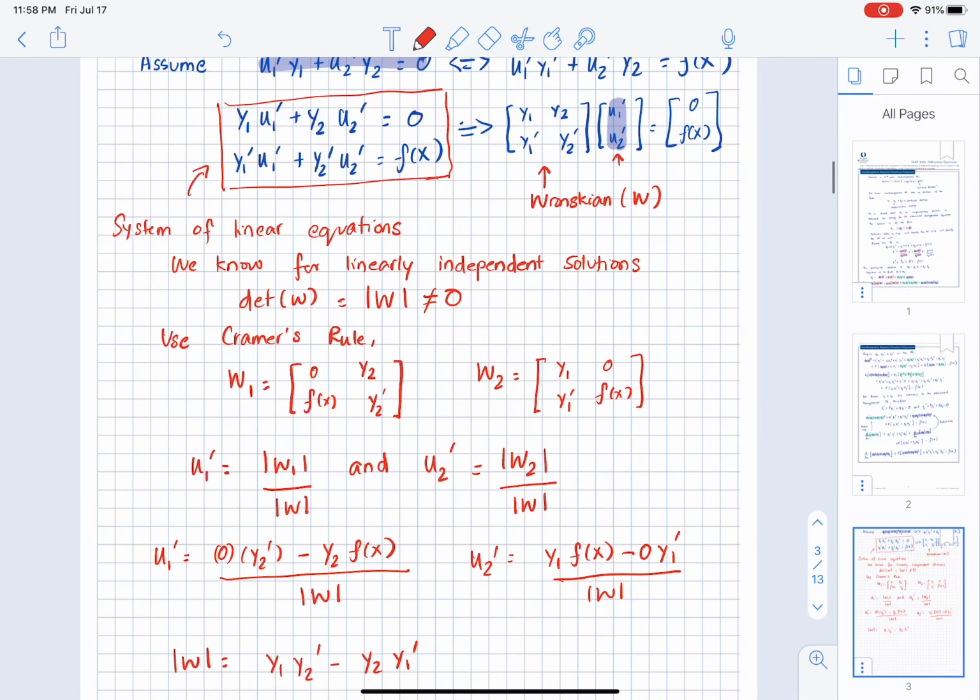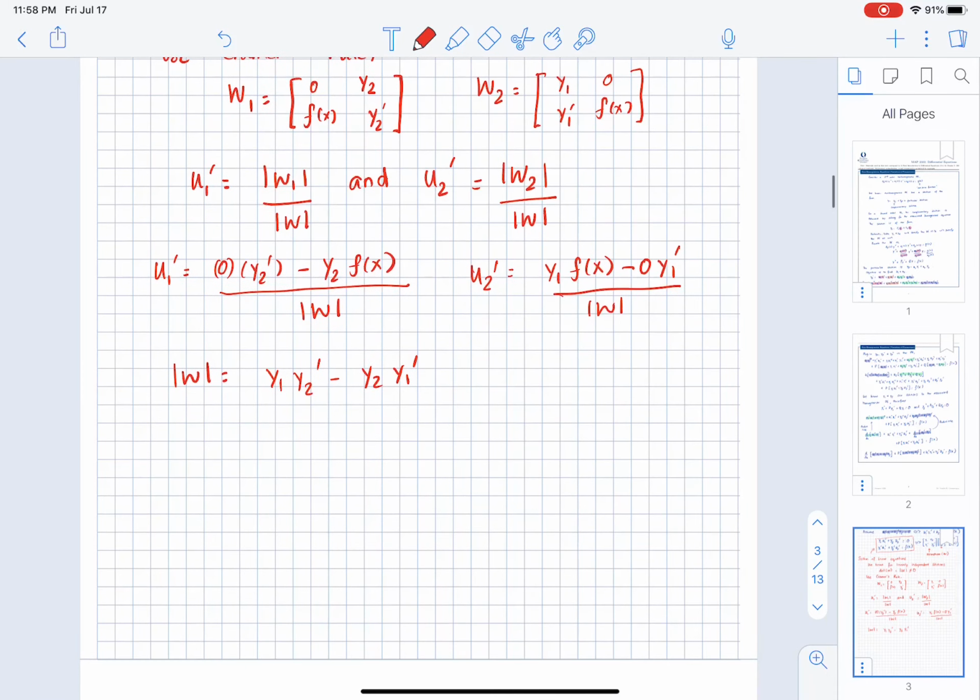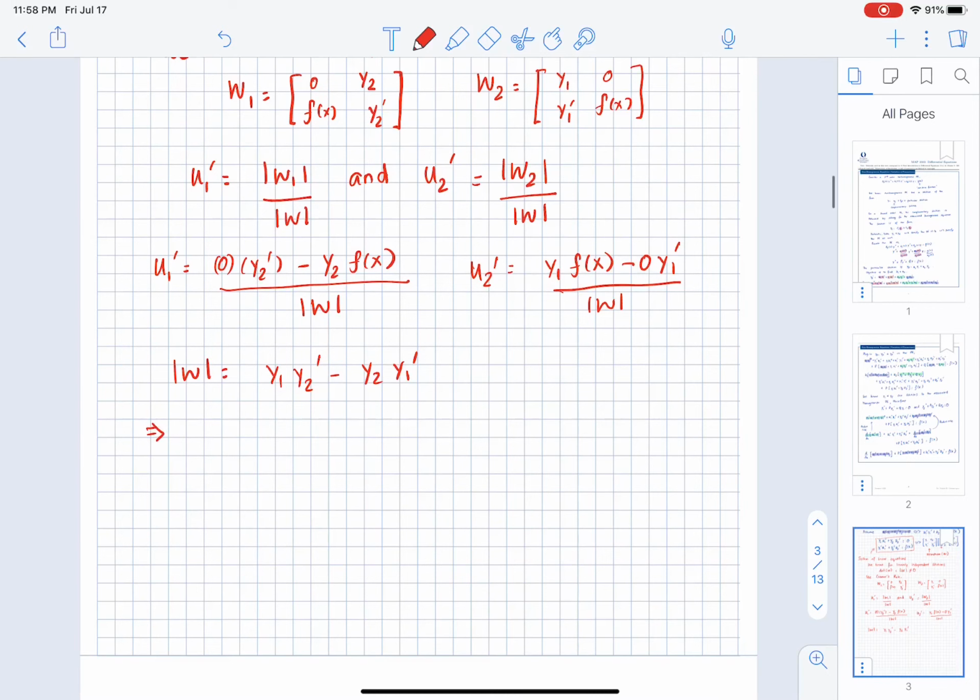That comes from the original matrix. So u1 prime is negative y2 f of x divided by the determinant of W, and u2 prime is y1 f of x divided by the determinant of W.